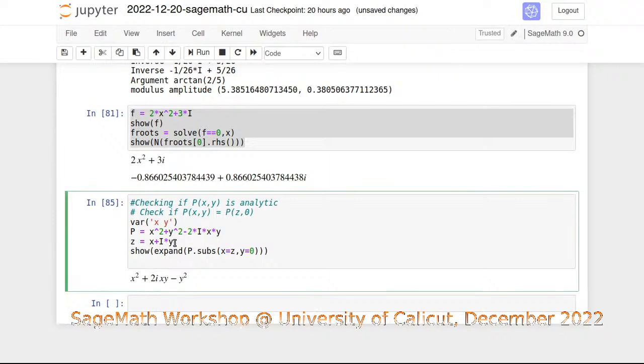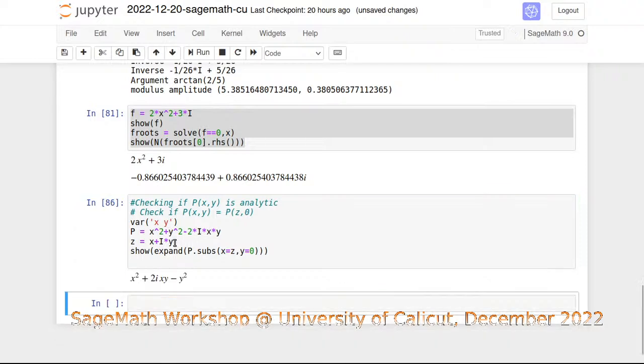That shows that p of xy and p of z0 are exactly the same. Oh, but they are not the same, right? Here it is x square plus y square minus 2ixy, but here it is the other way. So maybe if I use this minus here, even then, that's not going to be correct. We are not getting them to be equal, therefore this is not analytic.